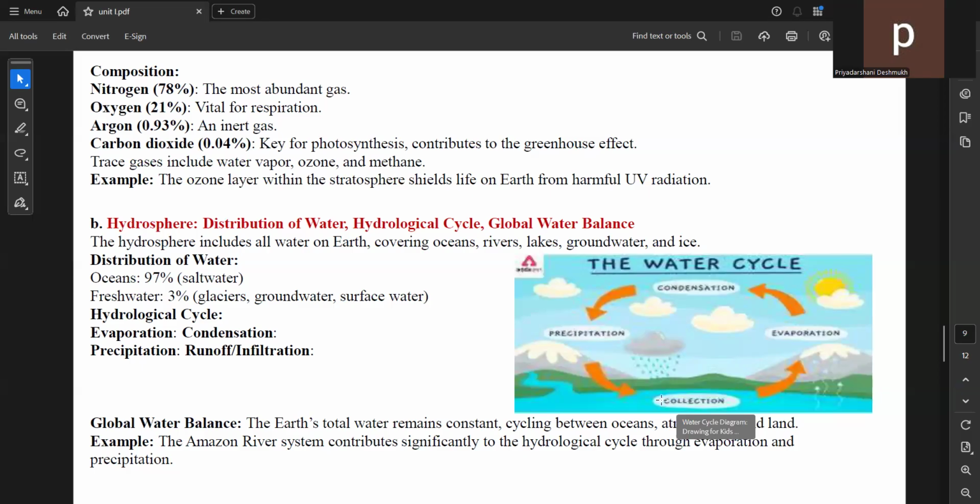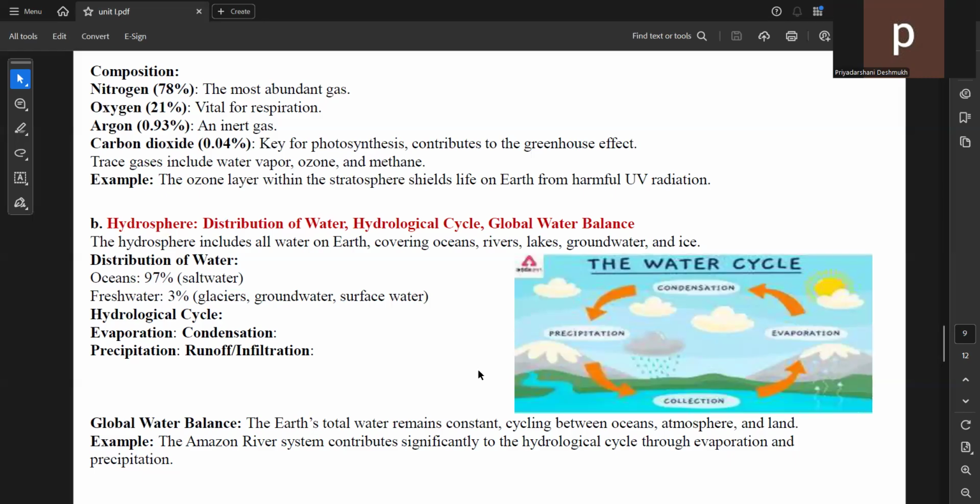From the sea and water bodies, in the presence of the sun, the water gets evaporated, and the process is called evaporation. Now the evaporated water gets condensed in the form of clouds. This is called the condensation process, and it comes down to the earth in the form of rain. It is called the precipitation process. So this is all about the four steps in the water cycle.